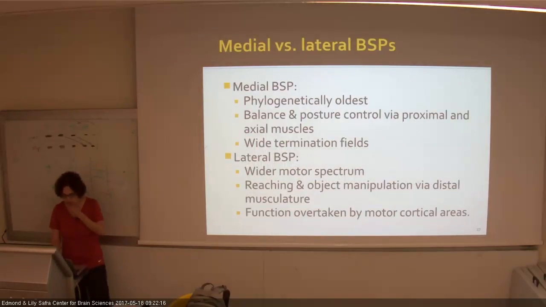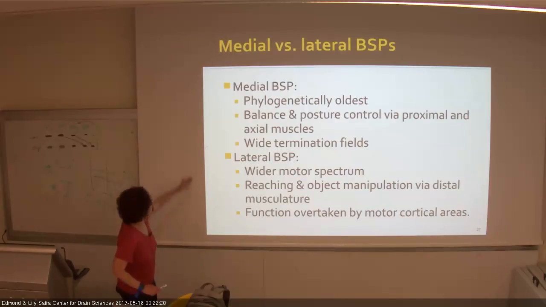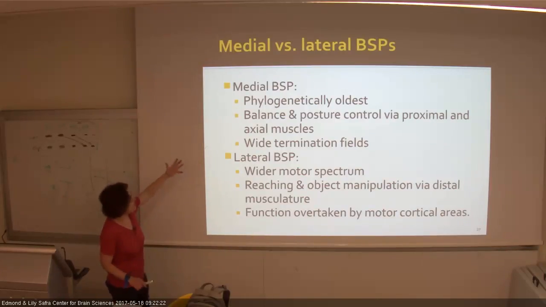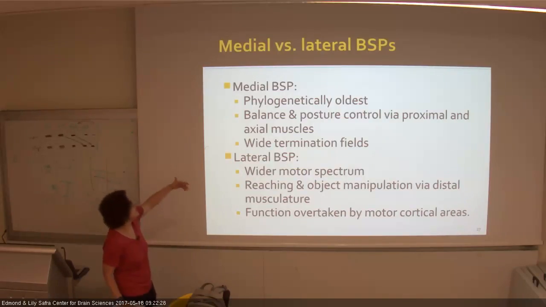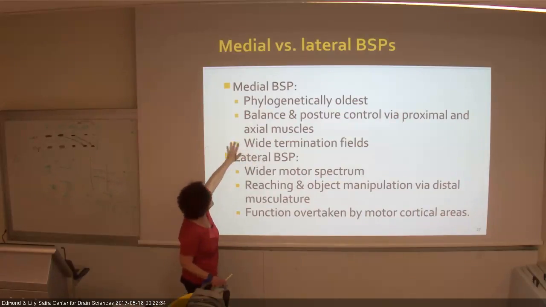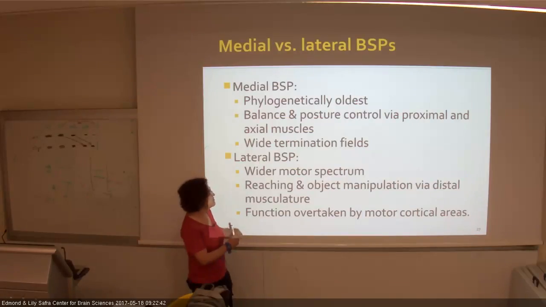Okay. So if we compare the medial versus lateral, these two sets of pathways are different both in the evolutionary stage where they appear. The medial pathways are of course phylogenetically older. They mostly control balance and posture by controlling proximal and axial muscles, and because of this function, their termination pattern is very broad.